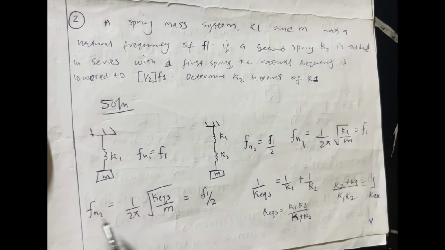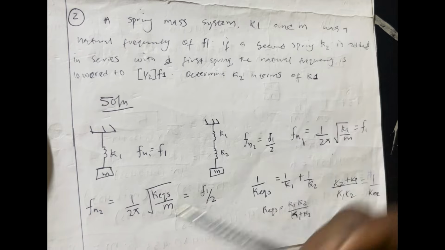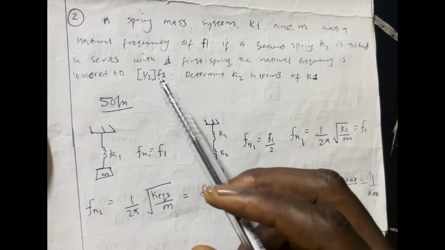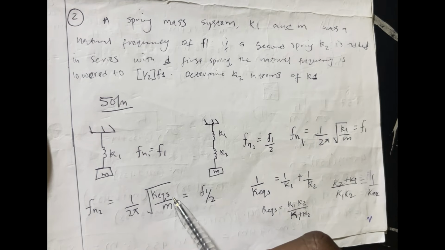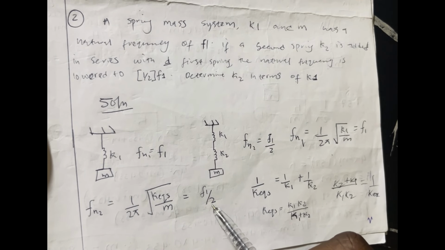With this, we know that Fn2, which is supposed to be half of F1, is 1 over 2 pi times the square root of K equivalent over M, which is the same thing as F1 over 2.